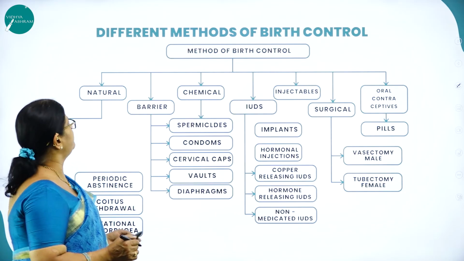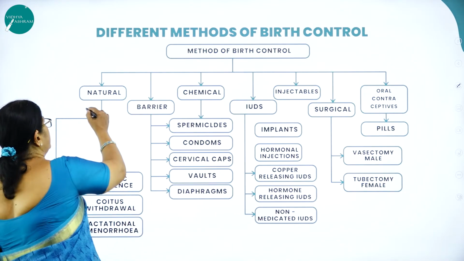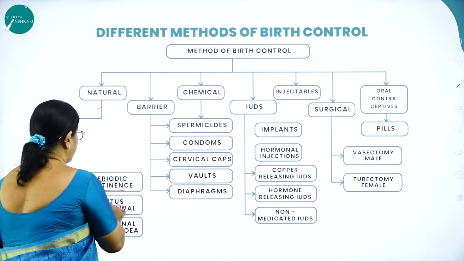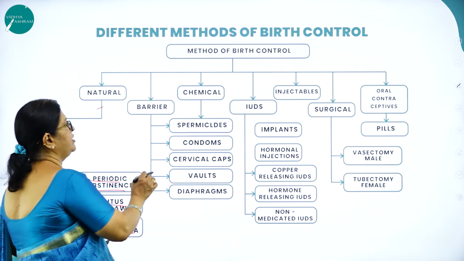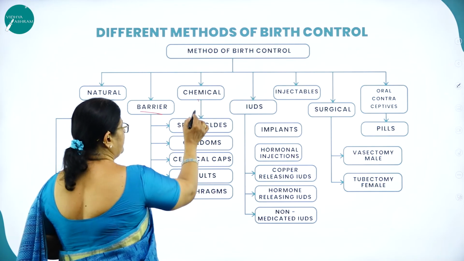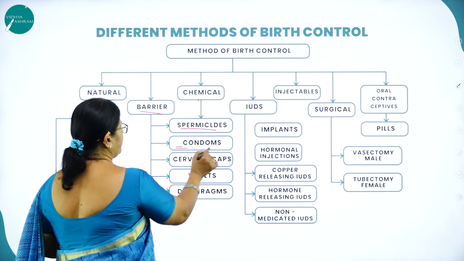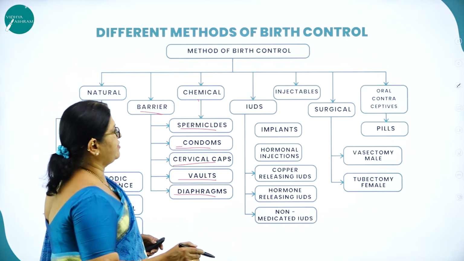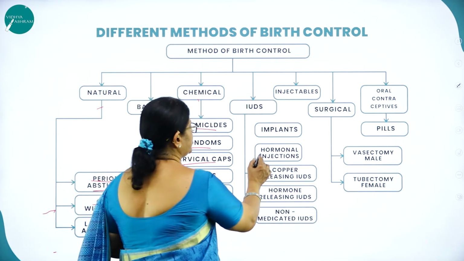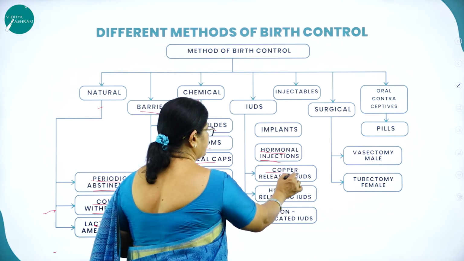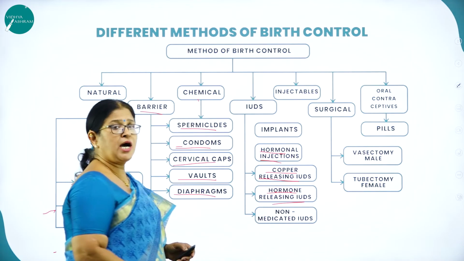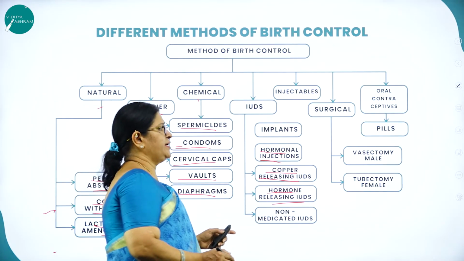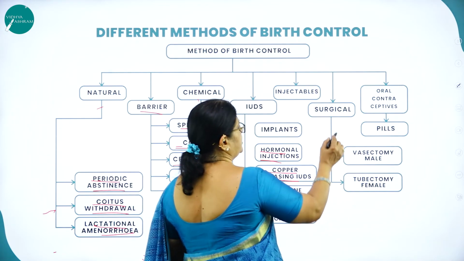Then we have methods of birth control, which I already discussed. Natural methods: periodic abstinence, coitus interruptus, lactational amenorrhea. Barrier methods: chemicals like spermicides, condoms, cervical caps, vaults and diaphragms. Injectables, then IUDs and implants, hormonal injections. We have copper releasing IUDs, hormone releasing IUDs, non-medicated IUDs, and surgical methods. Then oral pills.